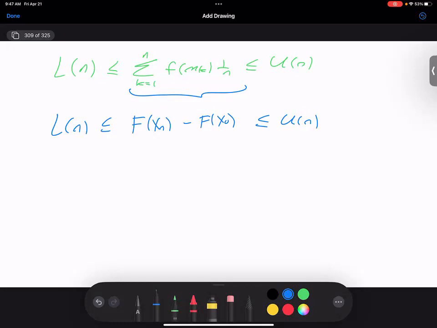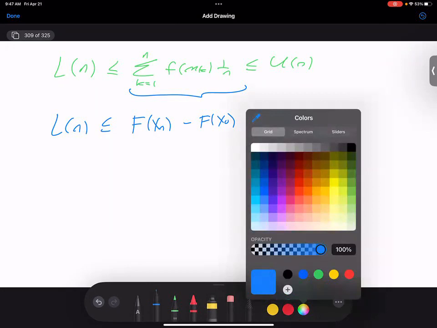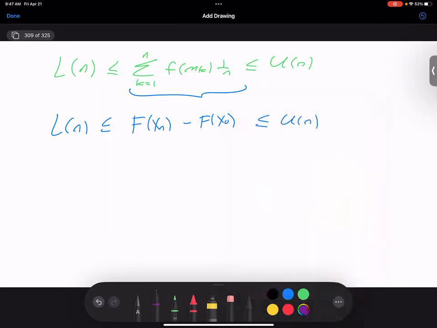Now we let n go to infinity. As n goes to infinity, what does U_n converge to? We'll use purple for this because it's so important. As n gets larger and larger, what is the upper sum converging to?